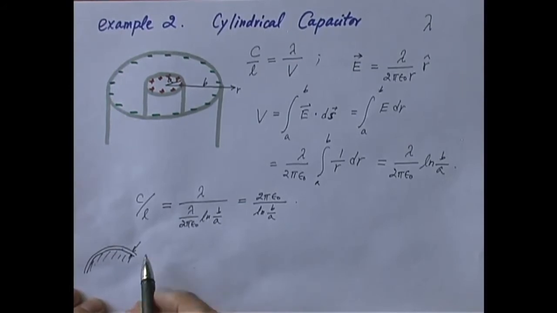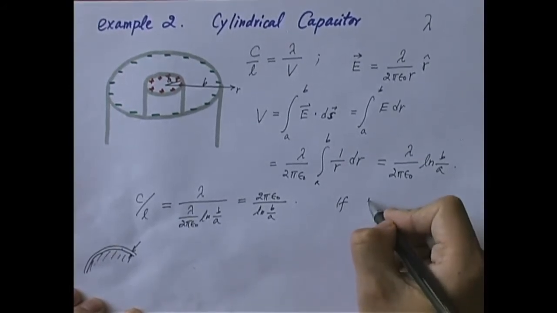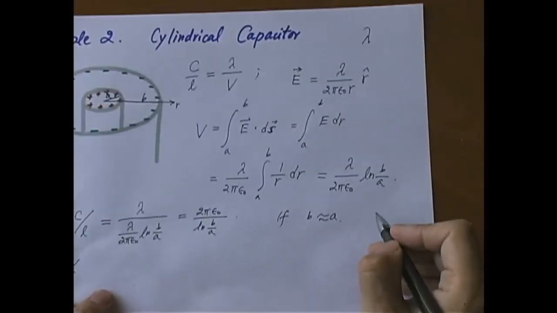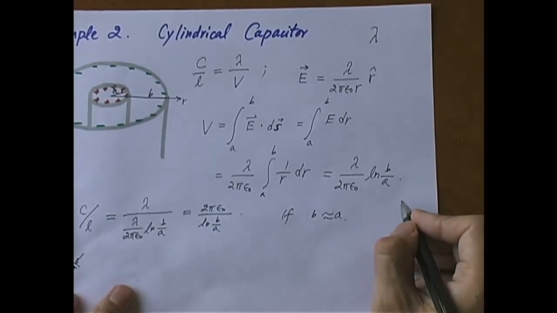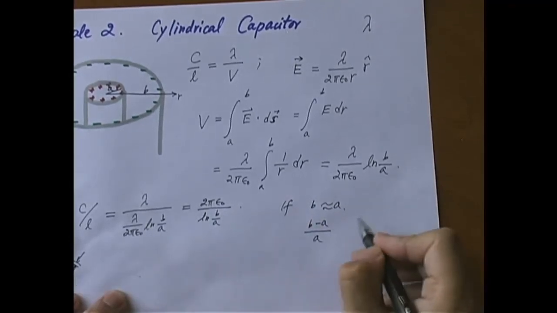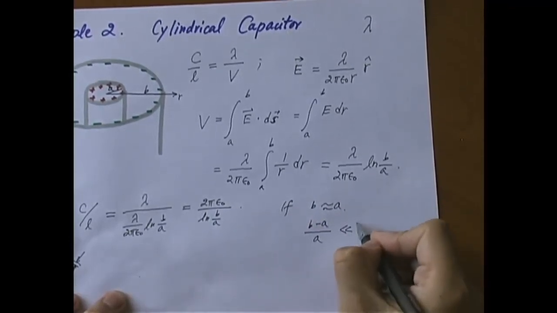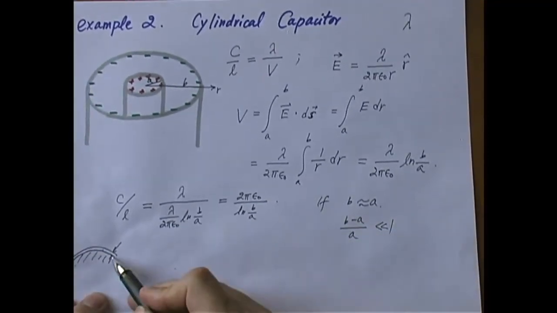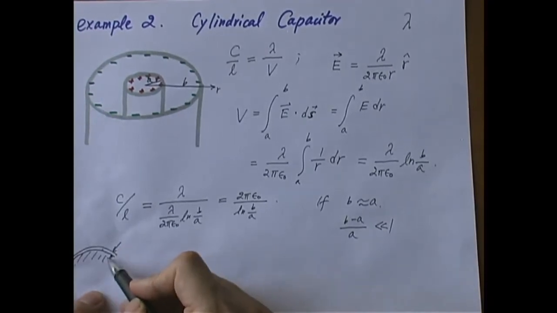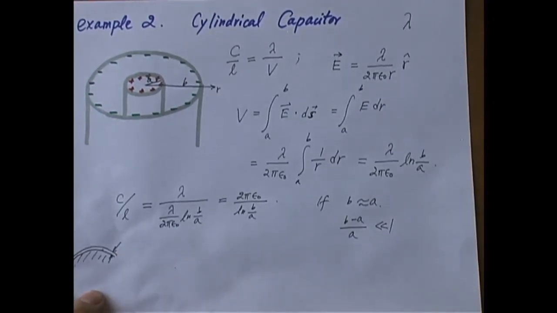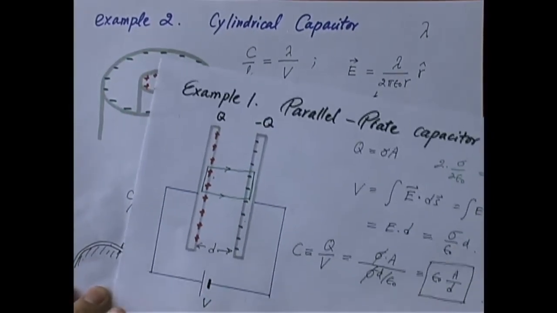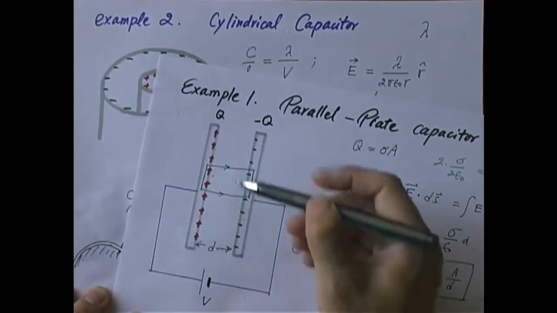This suggests that if B is roughly equal to A, or more precisely, if B minus A, the distance between A and B, divided by A, is much less than 1, the gap is much less than A, then this geometry and the parallel plate capacitor geometry will become pretty much identical, because the region in between these two conductors will look very flat.